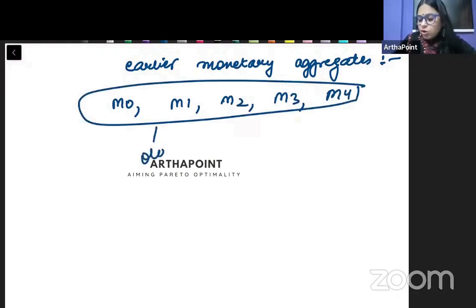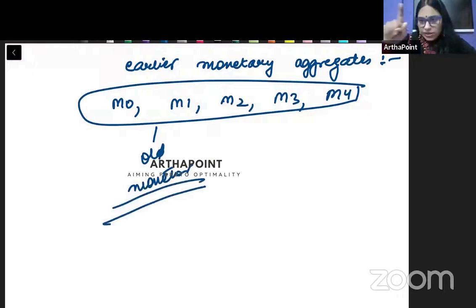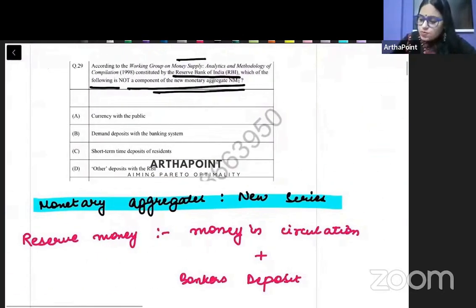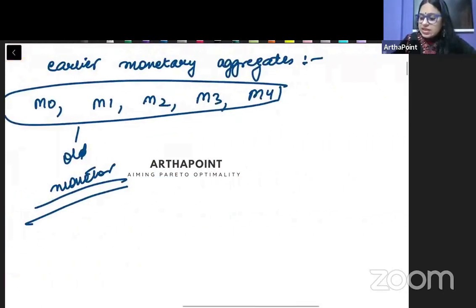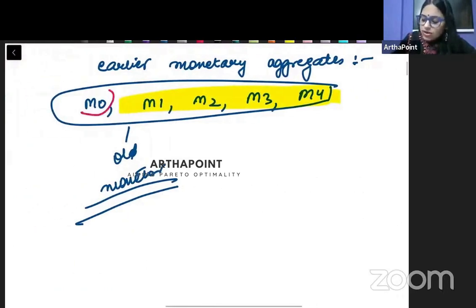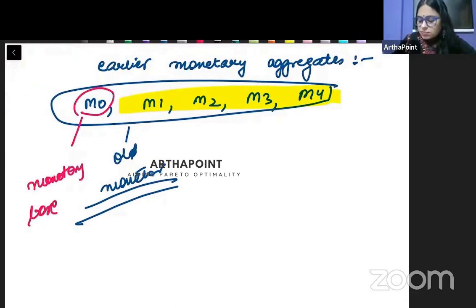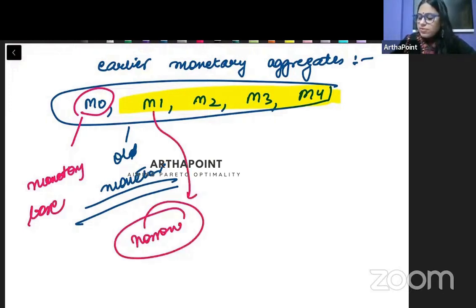These are our old monetary aggregates, from before this working group. इस working group से पहले जो हमारे monetary aggregates थे, they were M1, M2, M3 and M4. Here बच्चे, M0 was called the monetary base. M1 was narrow, the most narrow form of money. M4 was the most broad form of money.